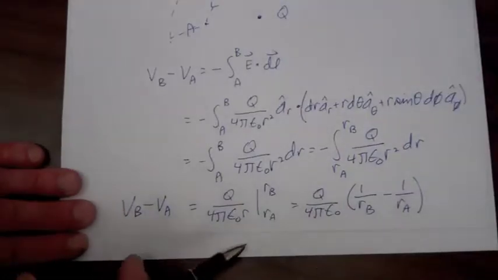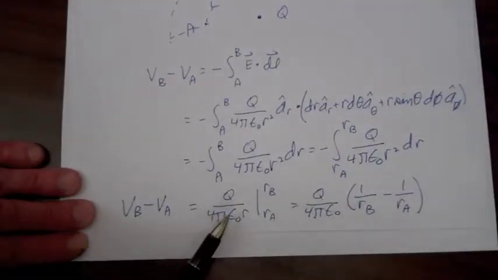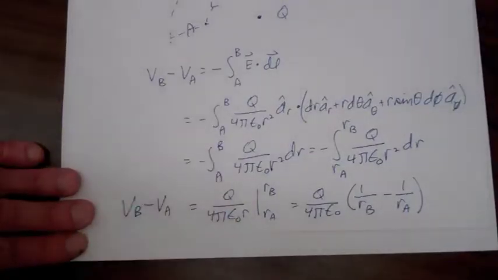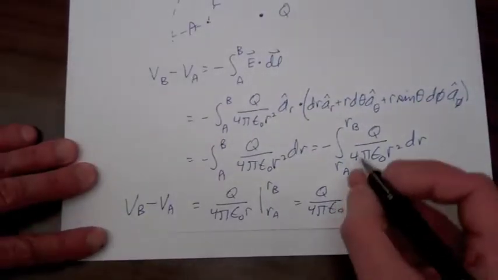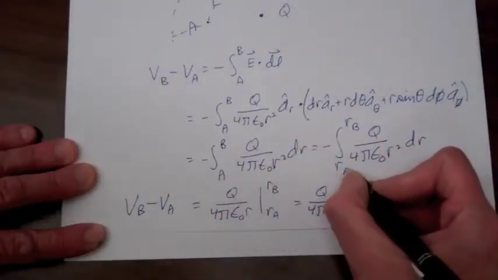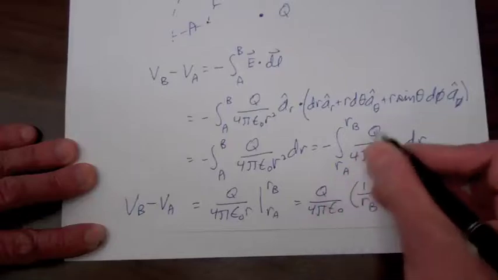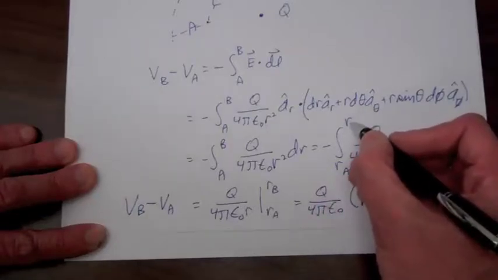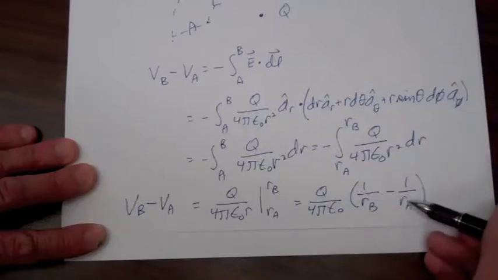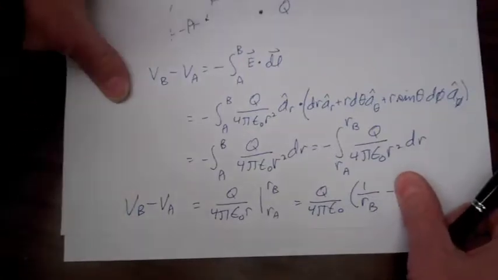Now let's think about the amount of work it takes to move a 1 coulomb charge from infinity to some location r. So we'll start at infinity, so A will be at infinity, so r sub A will be infinity, and r sub B will be our final location. Looking here, r sub A is infinity, so this term will go to 0.